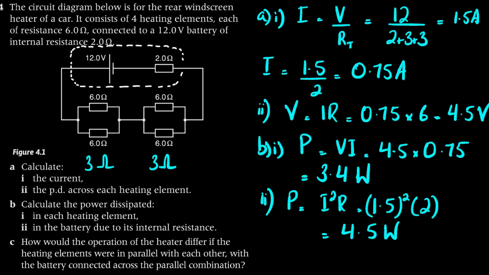So again, if you think about this in terms of the formula, we know that the formulas that we use for power are 3, and now we need to decide which one we are going to use when we analyze what is going to happen to the power.